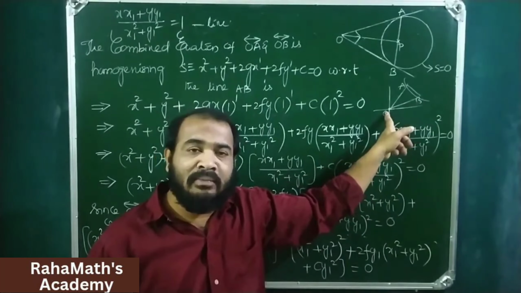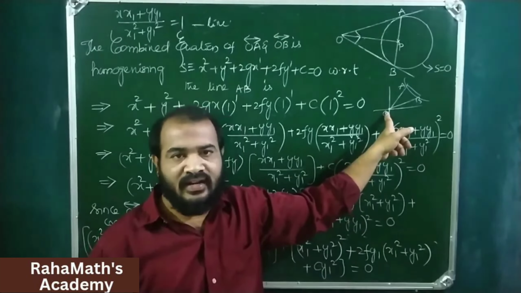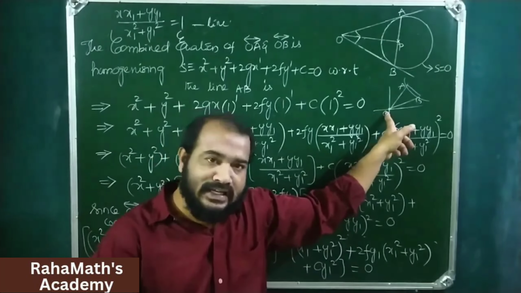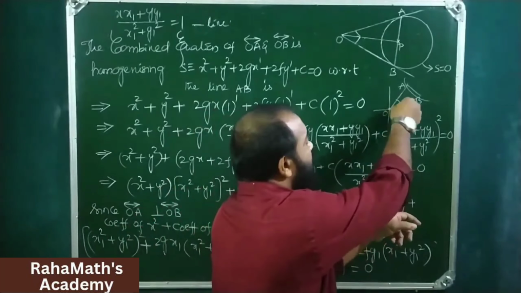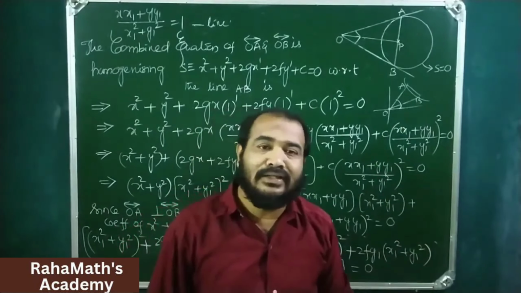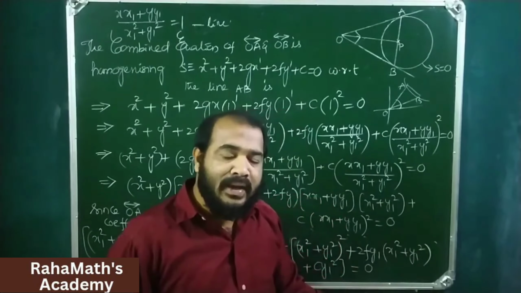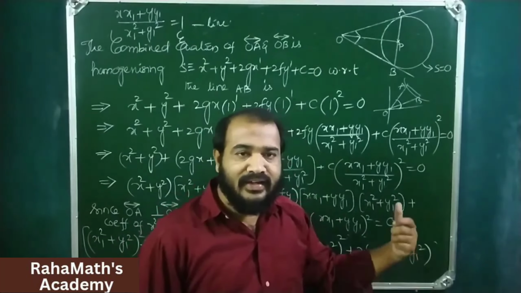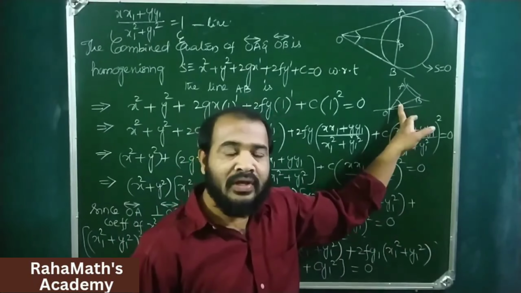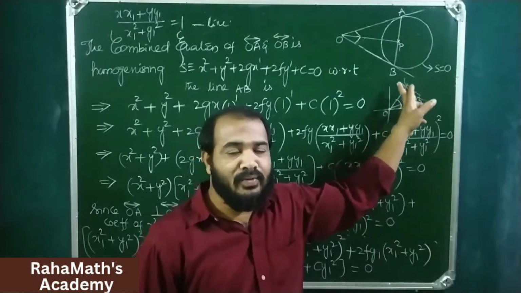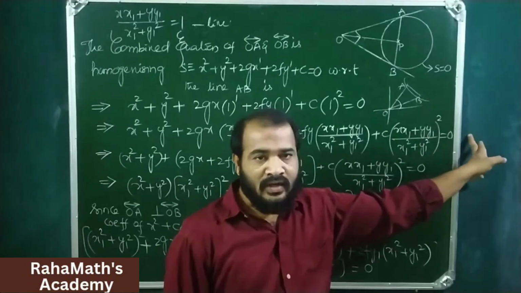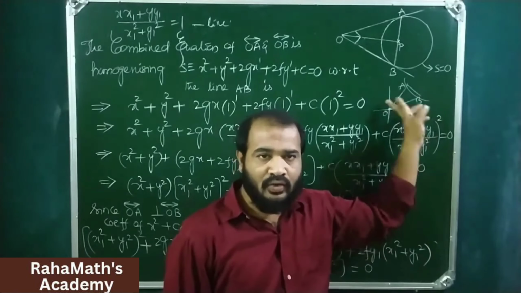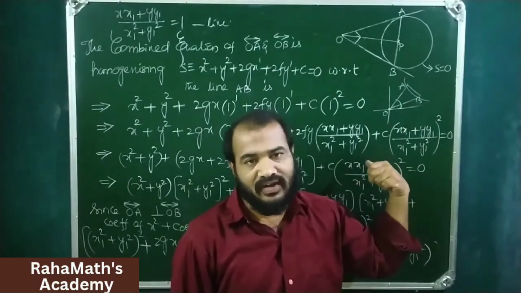So ax square plus 2hxy plus by square equals to 0 is the second degree homogeneous equation. And what is the angle between the lines of the second degree homogeneous equation? Cos theta is a plus b by square root of a minus b whole square plus 4h square. Theta is 90 degrees if I substitute. Cos 90 is a plus b by square root of a minus b whole square plus 4h square. Cos 90 is 0 into denominator, 0 something. So a plus b equals to 0 is what we are getting.